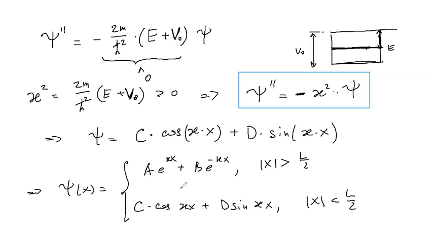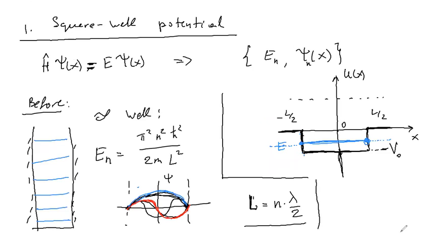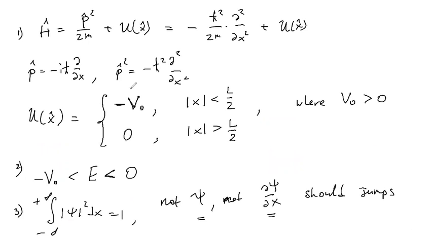It's not a solution yet, but it's a solution of the differential equation, the general solution. Then I have to look back at what kind of conditions I have on this solution. So basically I solved the first part. This is a big one. And I satisfied the condition that my energy is less than 0 but greater than minus V naught.